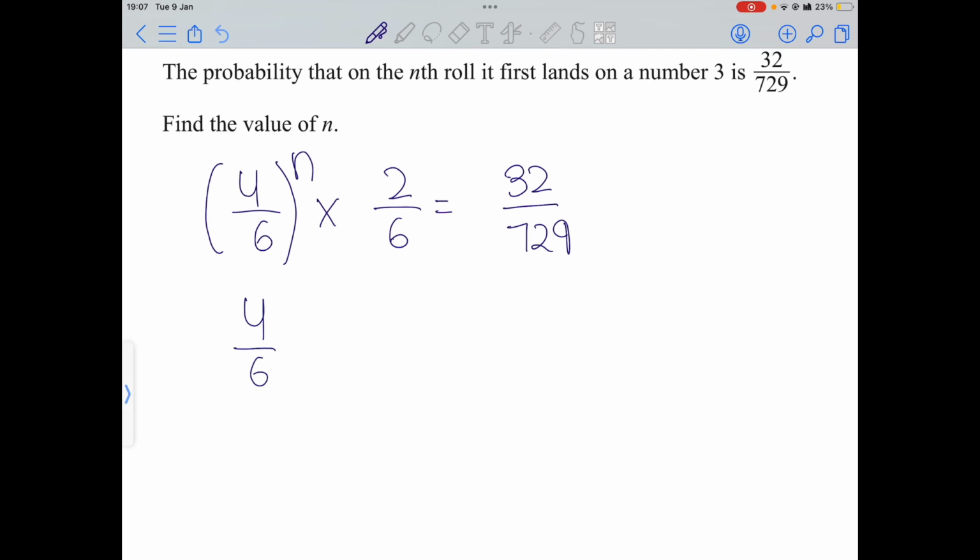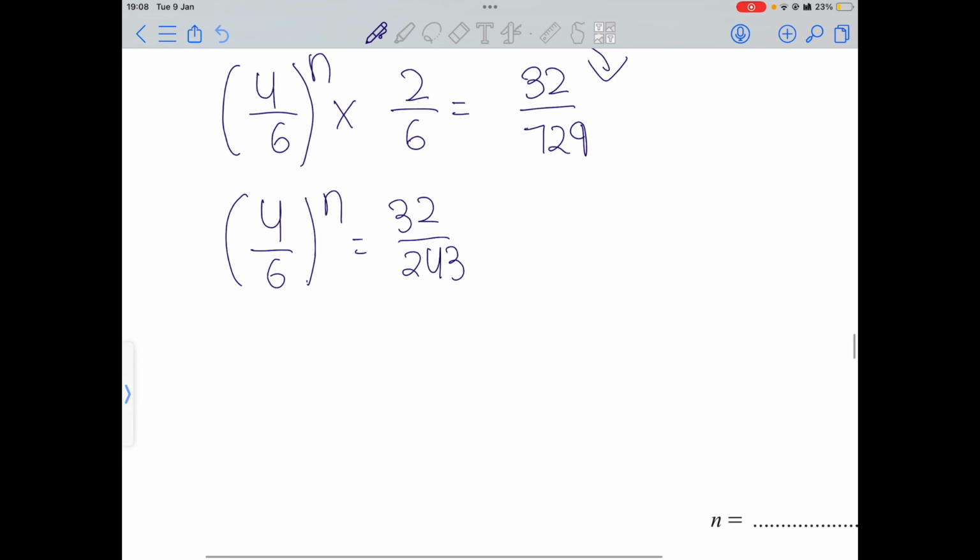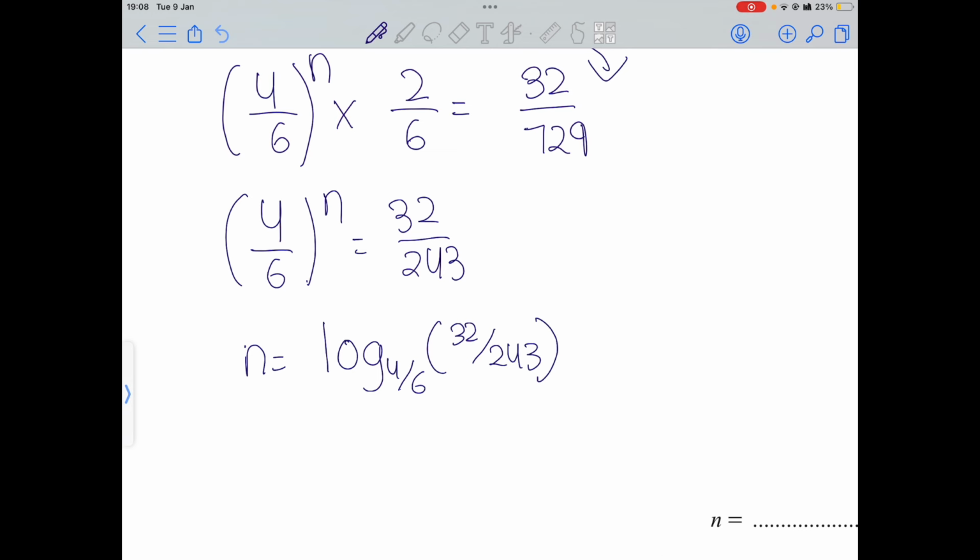So 4 over 6 raised to n is going to be 32 over 729 divided by 2 over 6. I've just taken this to the other side. That gives me 32 over 243. n will then simply be log base 4 over 6 of 32 over 243, which gives me 5.